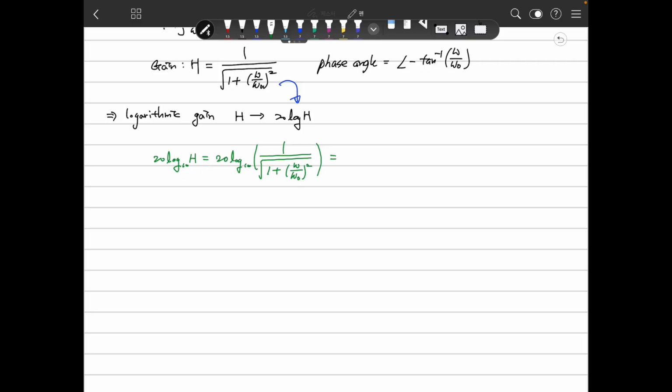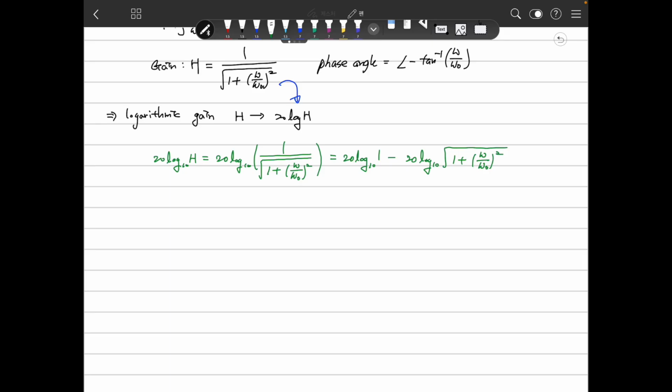Because this is log, this is 20 log10 of 1 minus 20 log10 of the square root of 1 plus (omega over omega 0) squared.